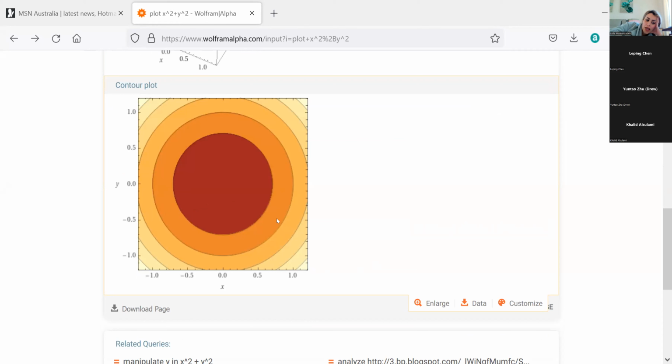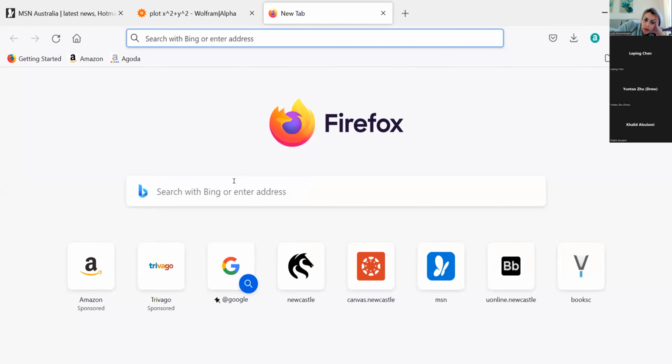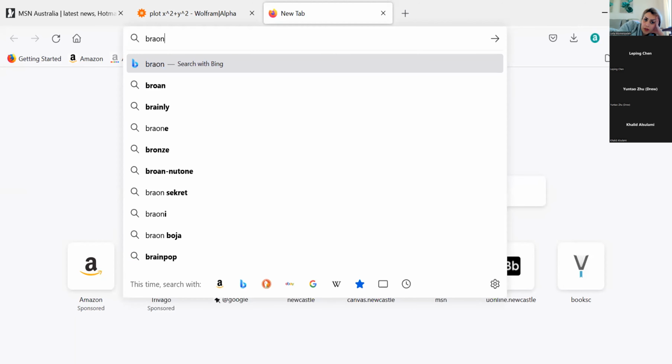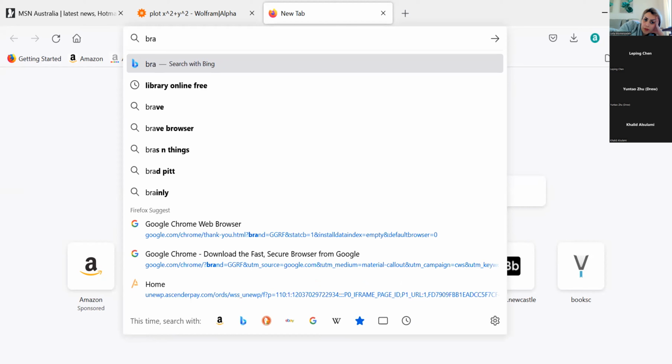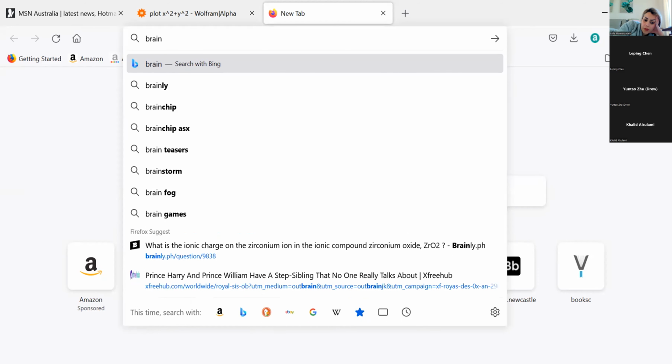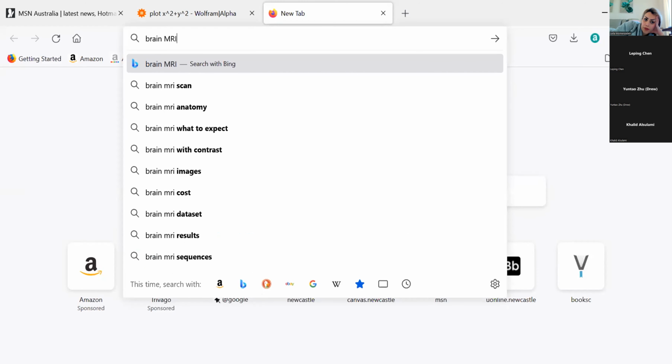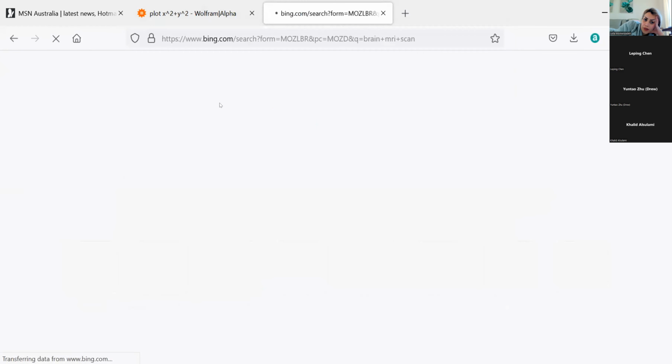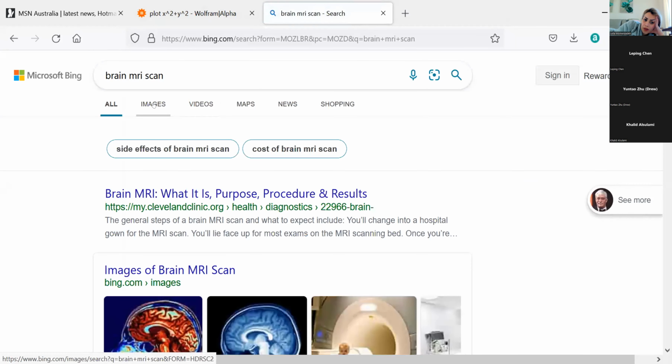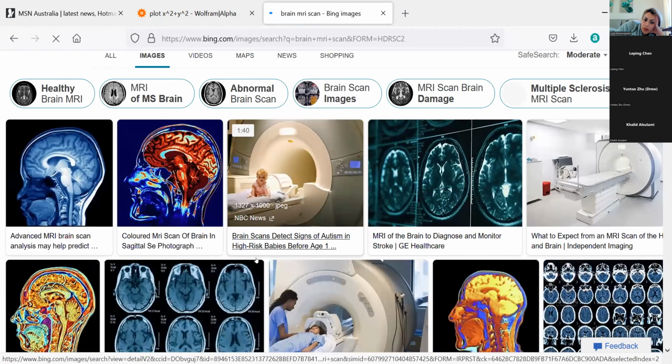For example, how can it look like if I write here, for example, brain MRI scan, and I show you some images. Look at here.